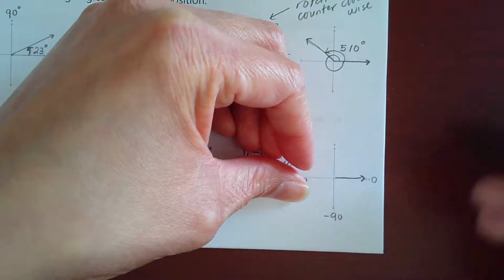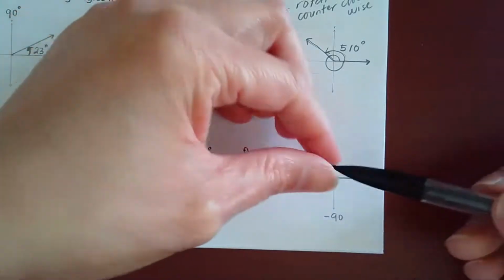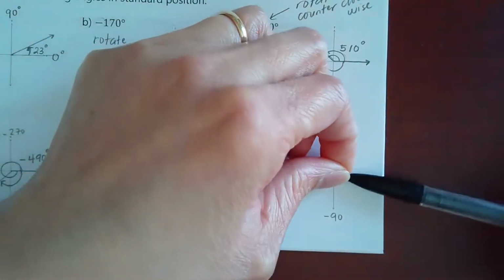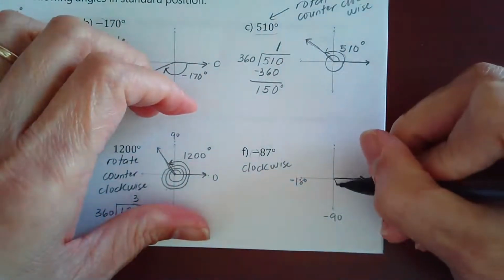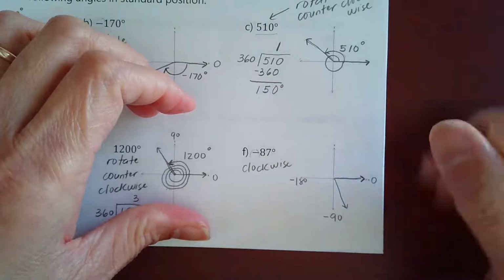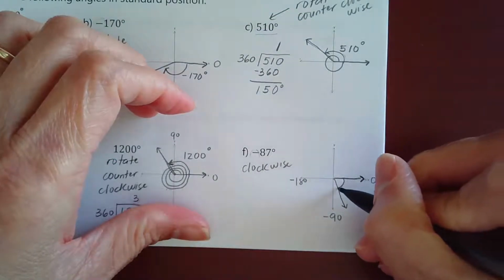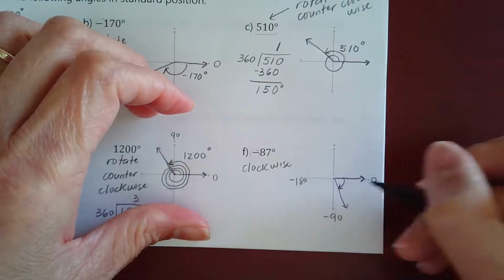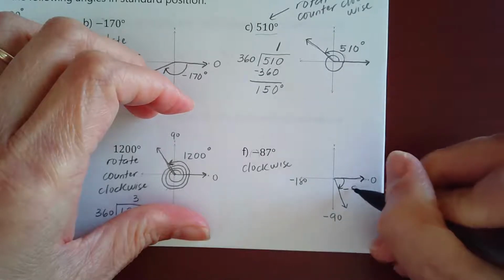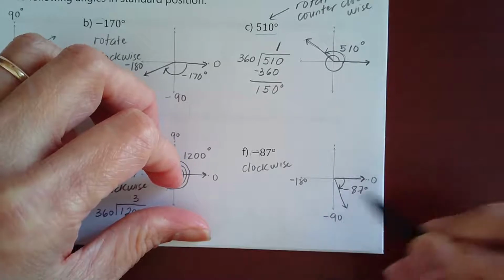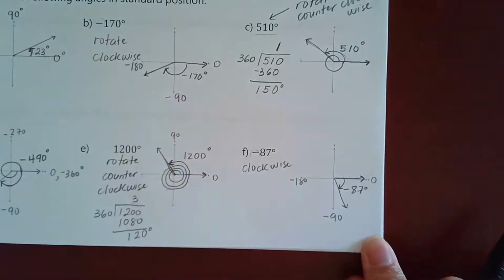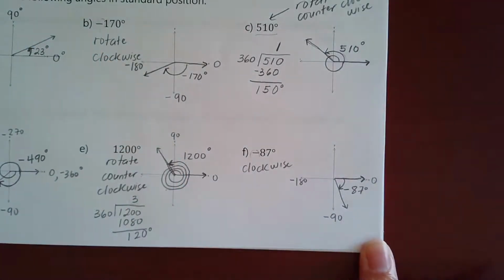This is where I'm starting, and it's a negative angle. So we're going to rotate clockwise 87 degrees. So it's just going to be somewhere right there. And we have to indicate that it's turning this way. So negative 87 degrees. The arrow tells us which direction it's going, and that's important later on.